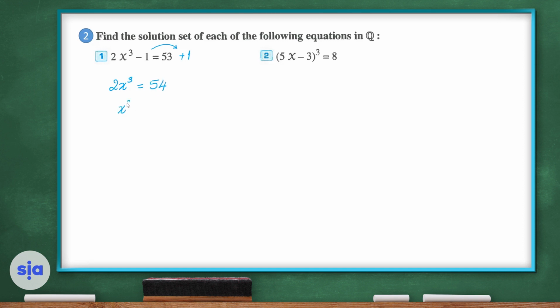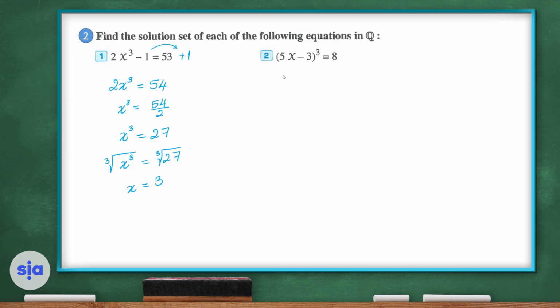Divided by 2, divided by 2. So it's 54 divided by 2. Then x cubed equals 27. We make a cubic root on both sides. Then x is equal to 3.